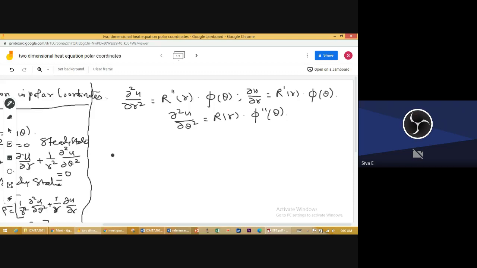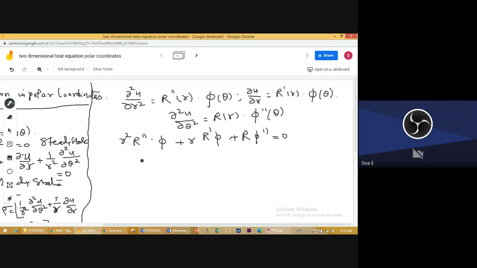Here we can substitute these values in the Laplace equation. We get r square R double dash into pi plus r R dash into pi plus R into pi double dash equal to 0.